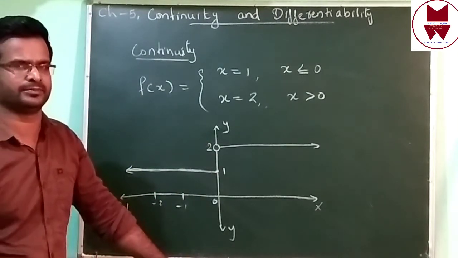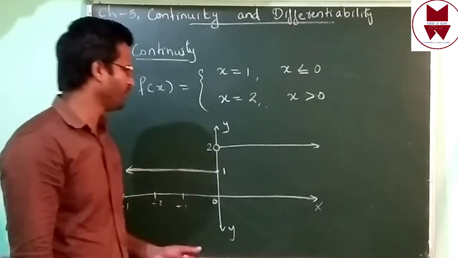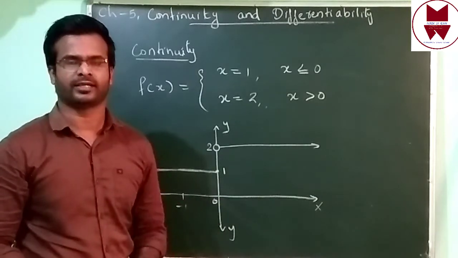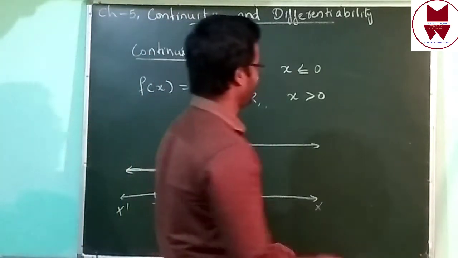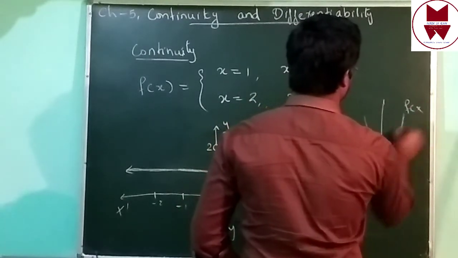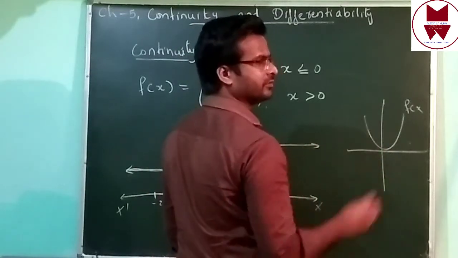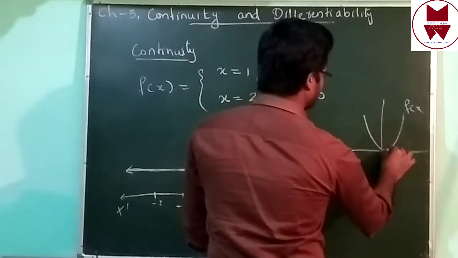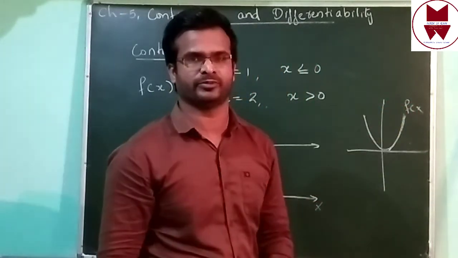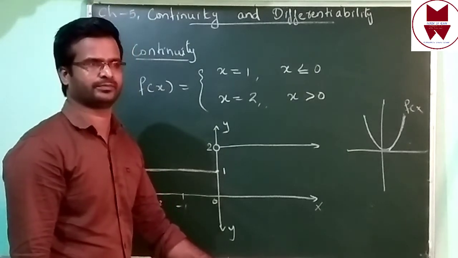That is the simple method: without taking your pen off, if you can draw the graph of a function, that function is known as continuous. Look at another example, this is one graph of our function. Without taking your pen off, you can draw this graph, so in this case the function is continuous. But here, that function is not continuous.